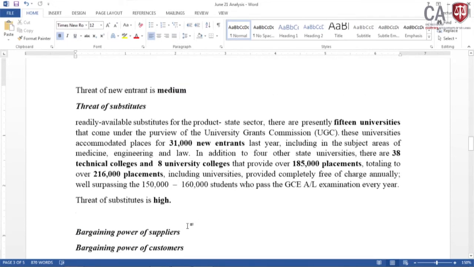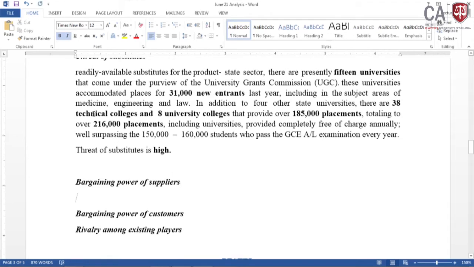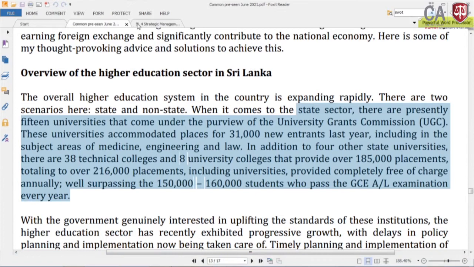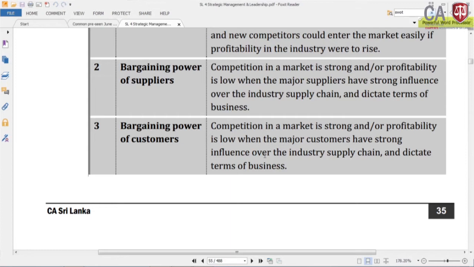Then what about the bargaining power of suppliers? Theory part. When major suppliers have strong influence on the industry supply chain and dictate terms. What about the influence power of the major suppliers?